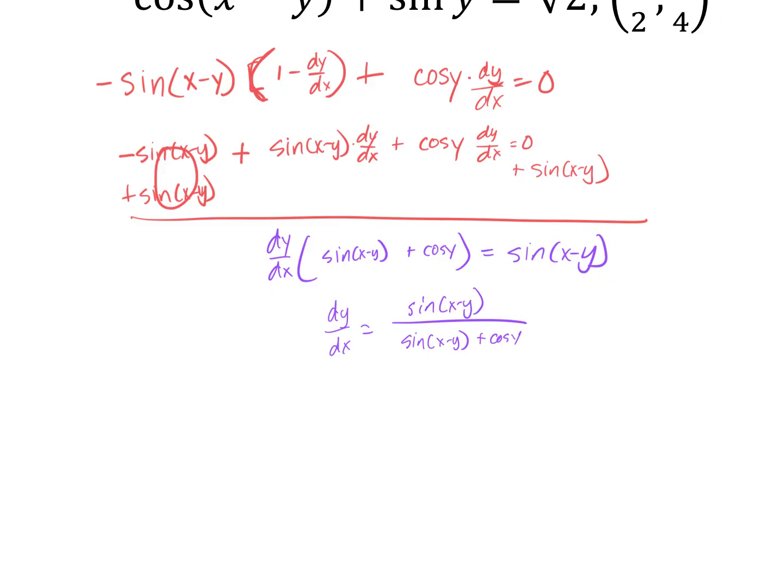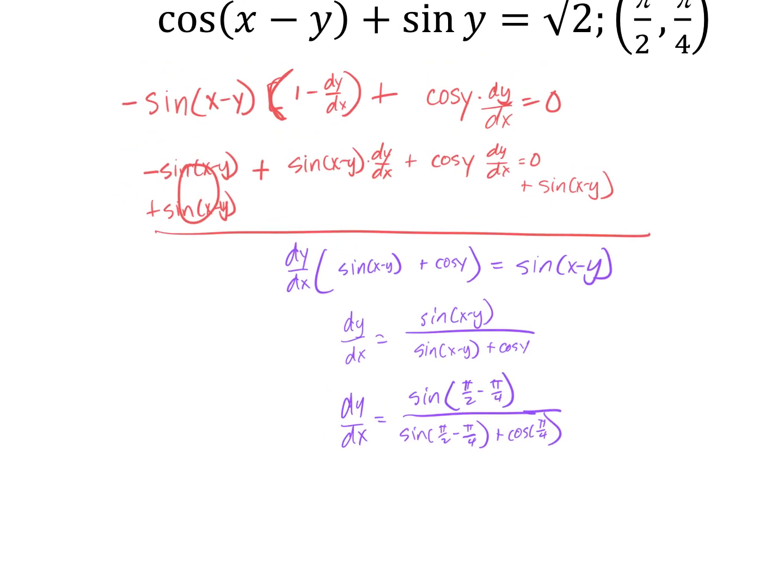if I want to find that slope, I've got to do dy/dx equals the sine of pi over 2 minus pi over 4, over... Guys, what is pi over 2 minus pi over 4? Pi over 4.